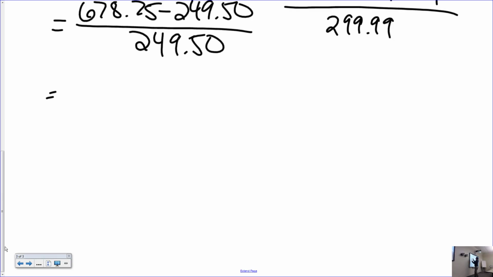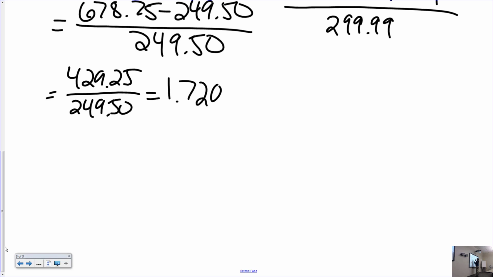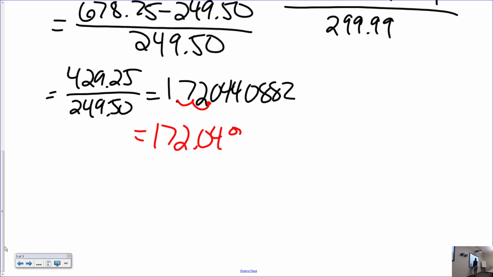So this 429.25 over 249.50, 1.720440882. Again, please remember that this comes back to you as a rate. You need to convert it to a percent. 172.04% on the increase side.